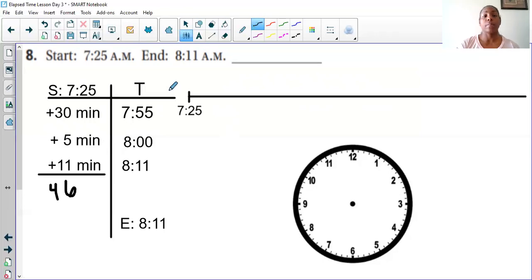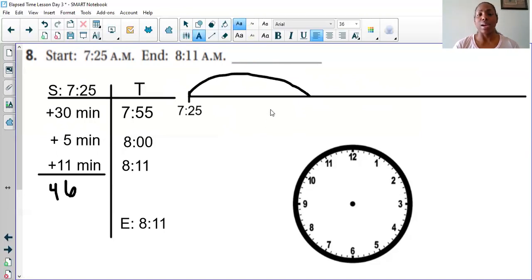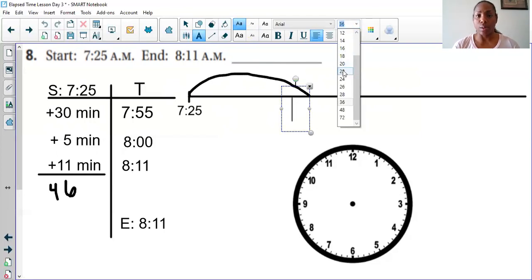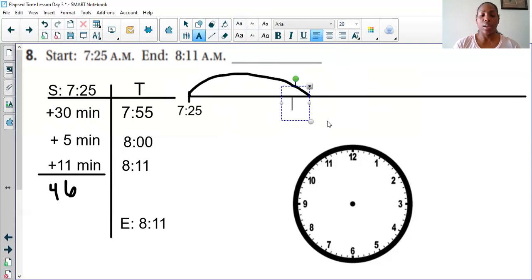46 minutes. So we're going to go ahead once again and use the number line, pretty much doing what we were just doing. So I'm going to make my 30-minute jump. And my 30-minute jump lands me at the time of, let me make this a little smaller so it'll fit properly, 7:55.